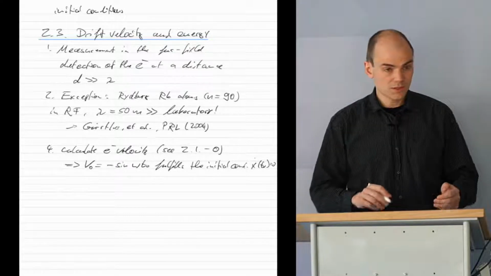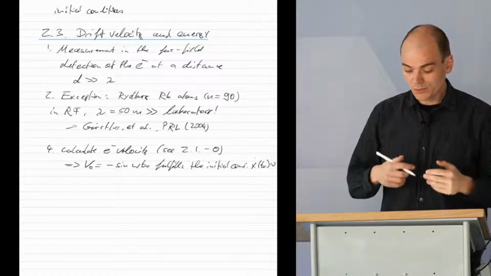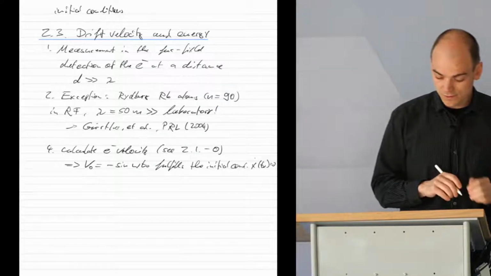So the electron tunnels at time t0, and it reaches the continuum with 0 velocity.